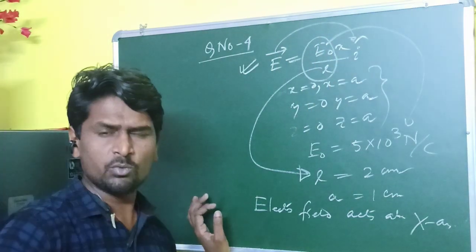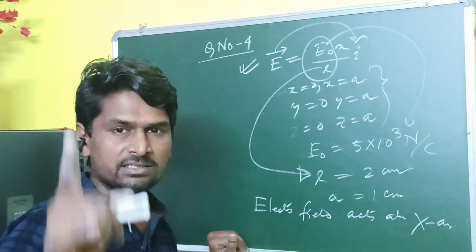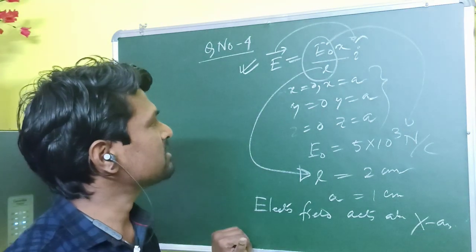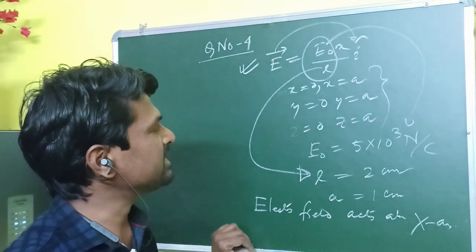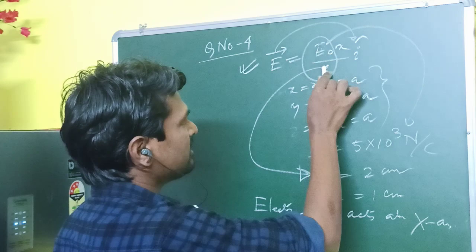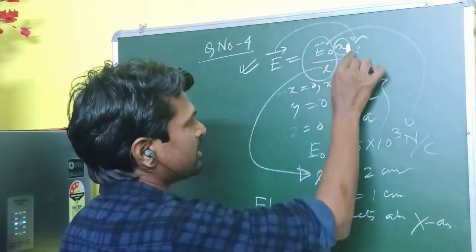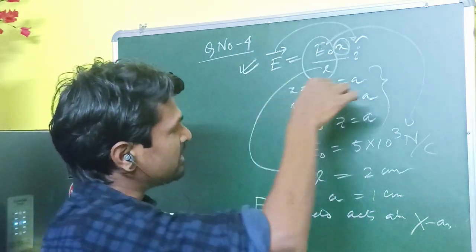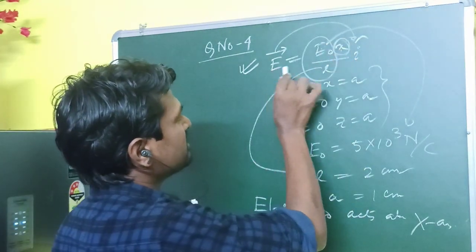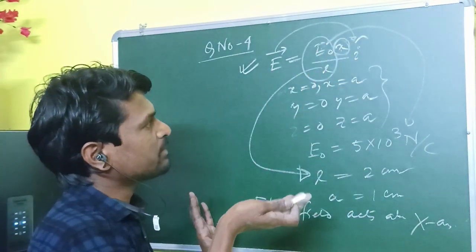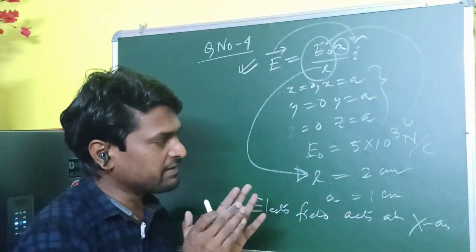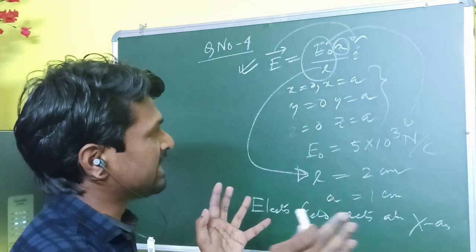But is that particular electric field a constant value or not? The answer is no. The electric field is not constant, because E naught by L is constant, but there is a variable x. If you take x as 1, then the electric field is E naught by L. But if you take 2, then it is 2 E naught by L. That means the electric field increases along the x-axis.